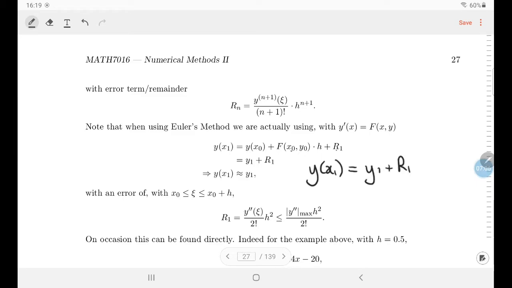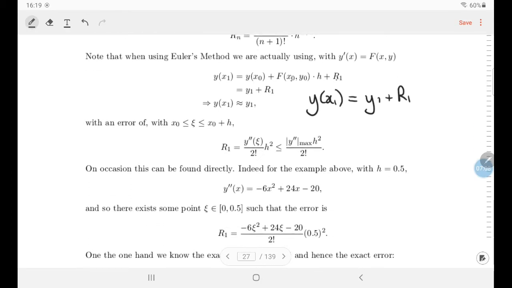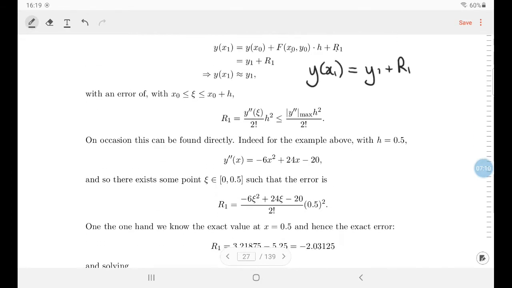And you can show that there's some xi between, if I use the formula on the previous page, the difference between the true and the approximation is R1, which is equal to the second derivative at some point in between x0 and x1, divided by 2 factorial times h squared.